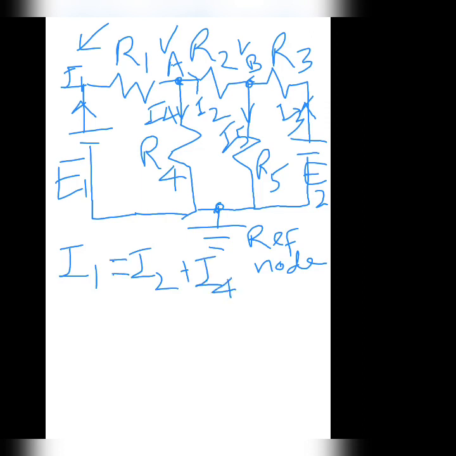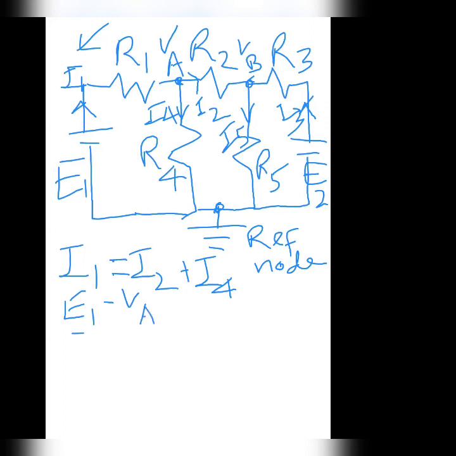Okay, so what is this I1 current? According to Ohm's law, whenever there is a potential difference between the two nodes or the terminals, the current flows. So this I1 can be written as E1 minus VA.